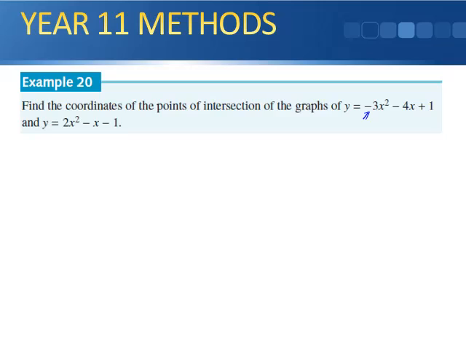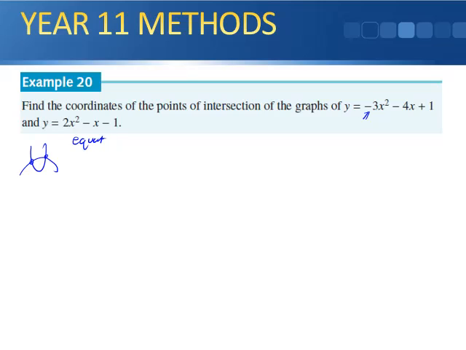Example 20. Find the coordinates of the point of intersection of the graph, which is a parabola, and another parabola. Here we've got 2, so this is a negative parabola, this is a positive parabola, so we've got one like this, so we're going to have 2 points that actually cross over.